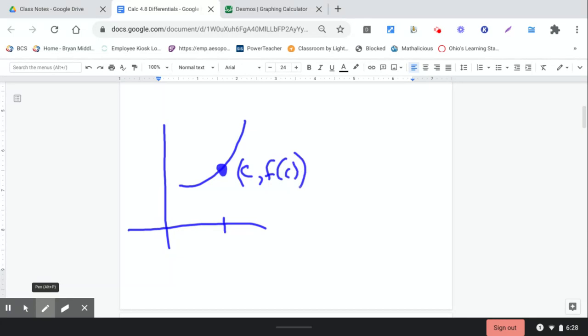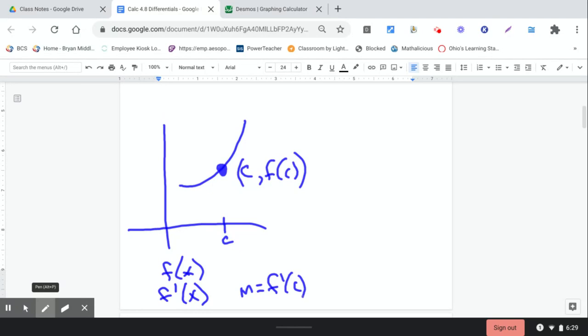And if I want to write the equation of the tangent line through that, I would need the derivative. So whatever this function is, we'll just call it f of x. I would take the derivative of it, and then I would plug in that point c. Okay, so the slope would be the derivative at the point c.